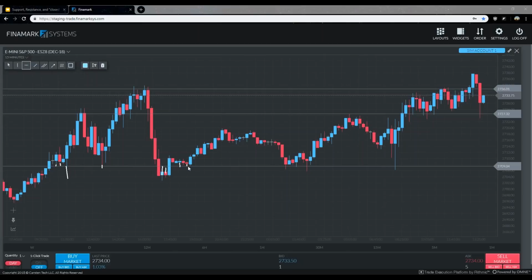Here we kind of touched it here, and here. So the idea behind what we're currently looking at is I'm going to draw my line, and I'm just going to use a line and not a shaded area, which sometimes I do as well. I'll use a shaded rectangle to identify a support or resistance, or a level zone, I should say.